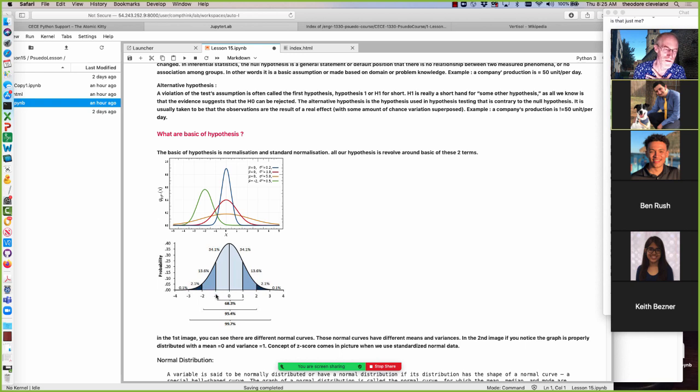So for example, -1 is 1 standard deviation to the left of 0, -2 is 2 standard deviations to the left of 0, -3 is 3 standard deviations to the left of 0, and same for the positive direction.